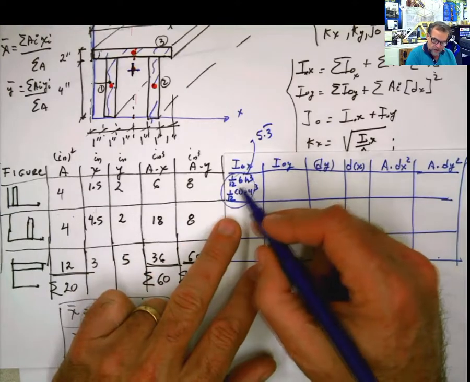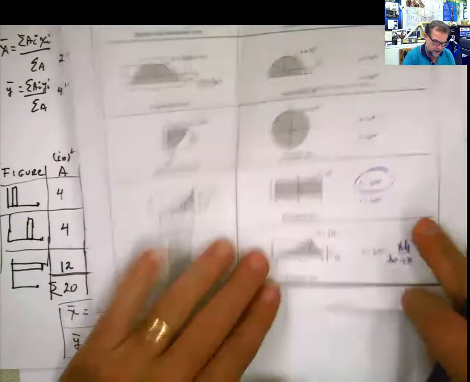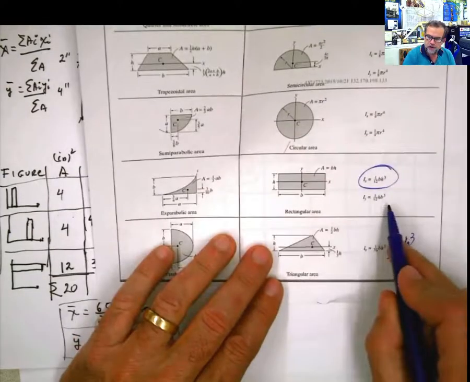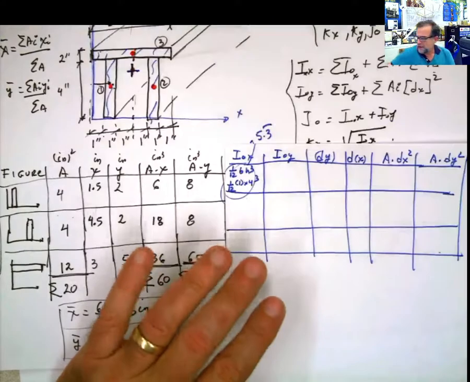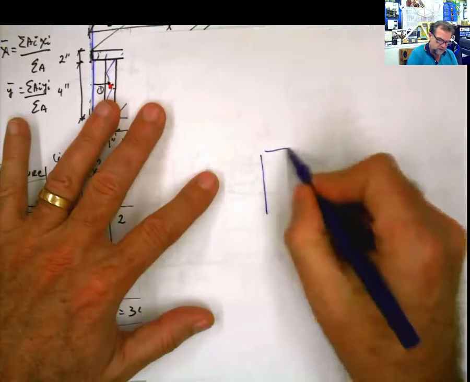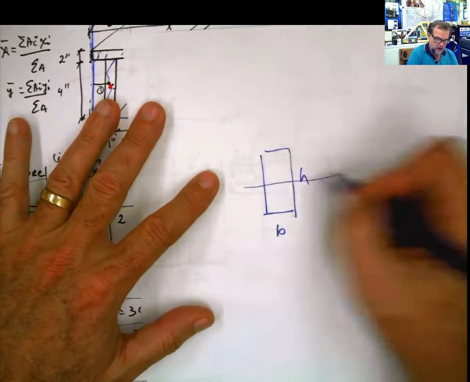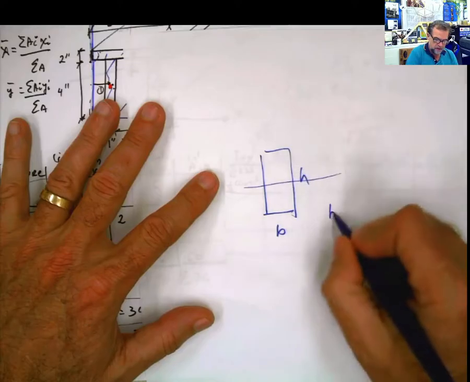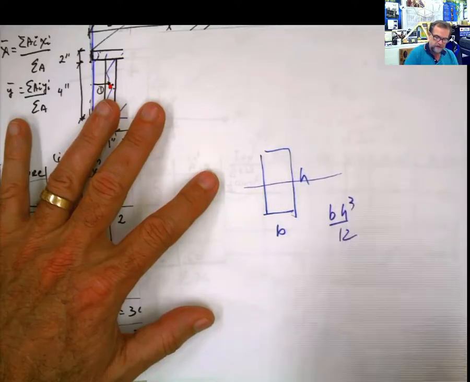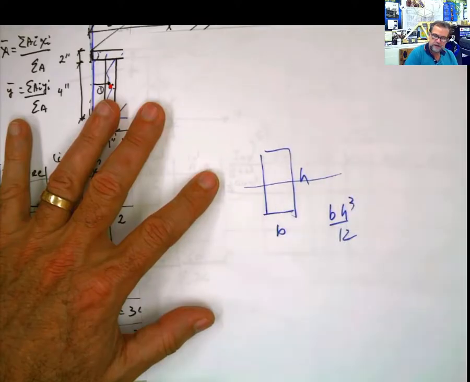Instead of being 1/12 bh cubed, you can see here that it is 1/12 hb cubed. Why is that? Well, if we have this shape, bh, and I want the moment of inertia in this direction, it's going to be bh cubed divided by 12, base times height to the third divided by 12 if it's a rectangle.